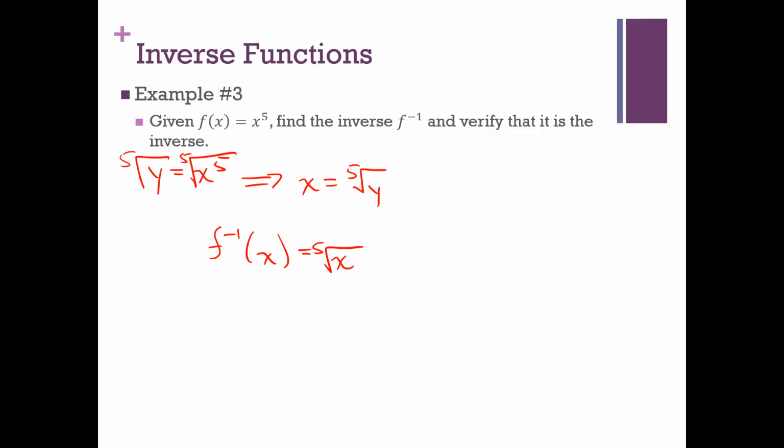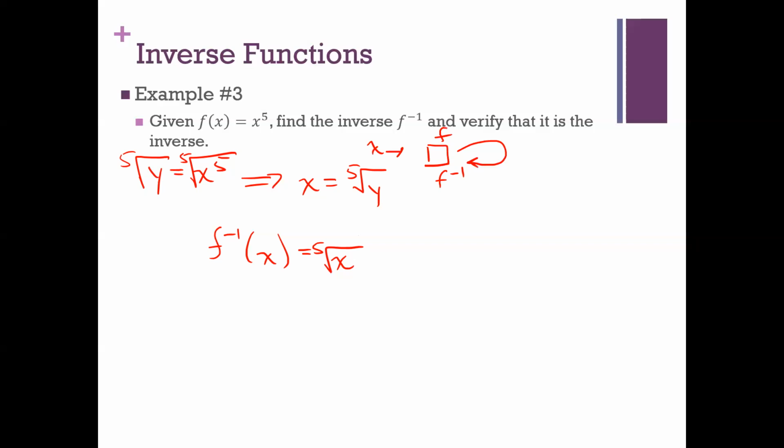So I want to verify that I did that right. I'm pretty sure I did, but we should verify it. So how do we verify it? Basically what I have going on here is x going through some function f, and then it's going to come back through f inverse, right? So x is going to go through a function and have a bunch of stuff done to it. Then it's going to go back through the inverse and have all that stuff undone.